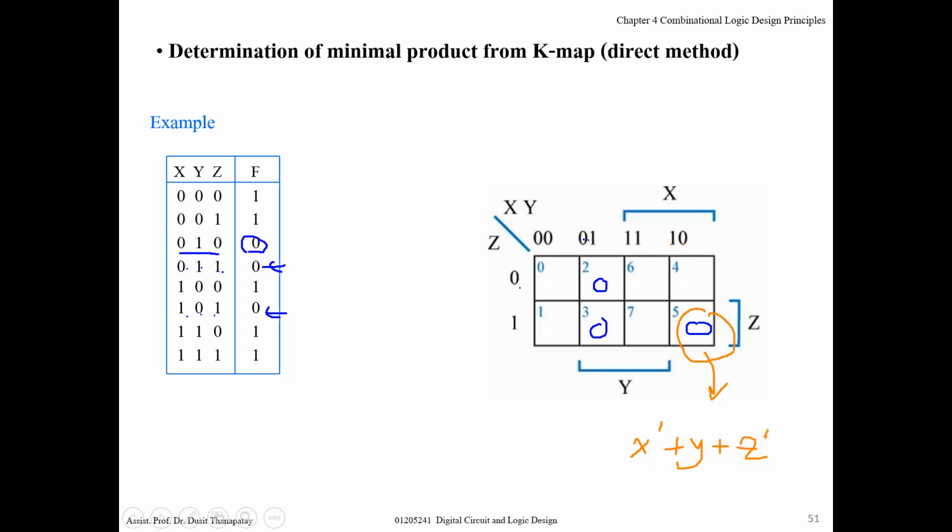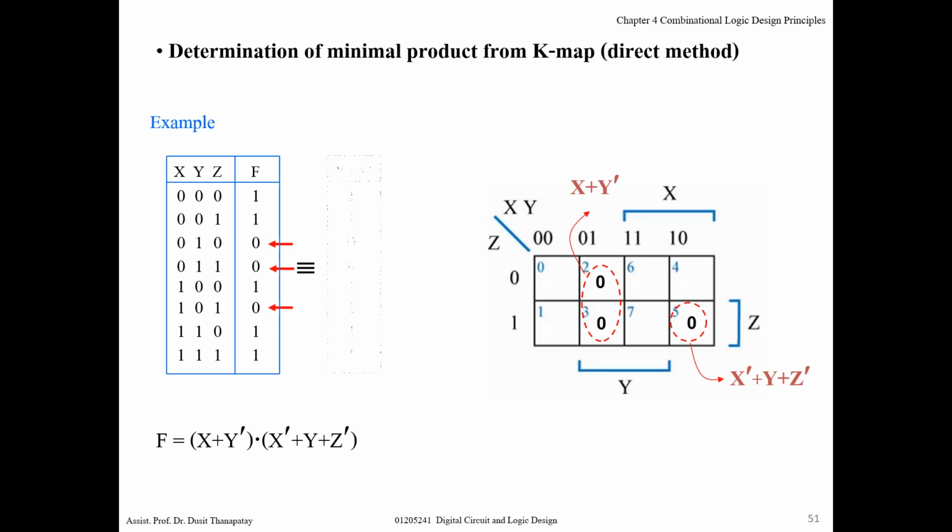Good. How about this? You can select both, right? And the sum term is what? X or y prime. Very good. And then you take these two terms together, and you will get the complete function.